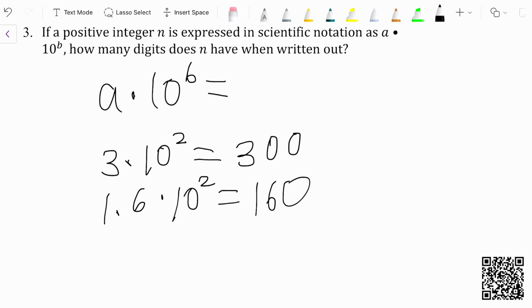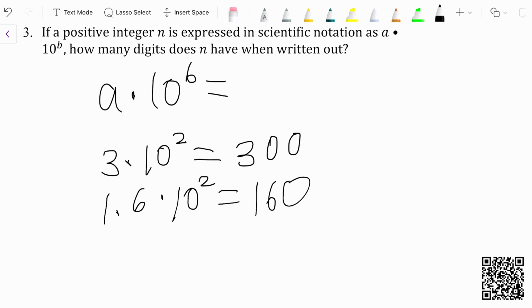However, before you say, oh no, that means there's b digits, right? No, not exactly. Because we still have a in the front of it, just like how 300 doesn't have 2 digits, 300 has 3, because this is our a and this is our 10 to the power of b. So the first digit always counts as 1 digit because we can't go past 10.